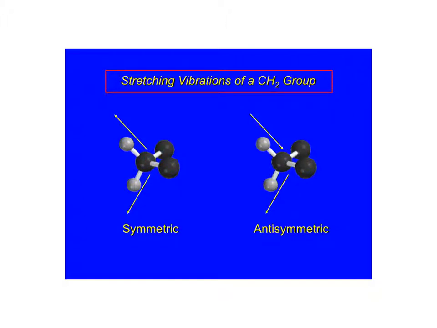And there are two ways in this plane to stretch that CH2 group. You can stretch it sort of like milking a cow, where you're pulling down on it, which would be symmetric, or you can do it asymmetrically, as one is being pulled, the other hydrogen is being pushed towards that carbon.